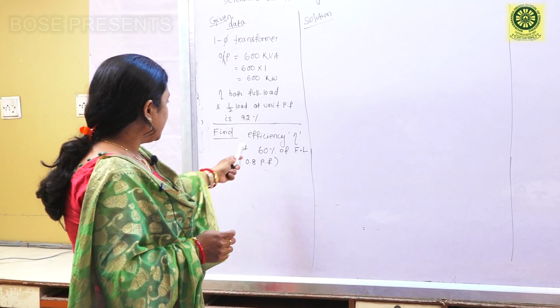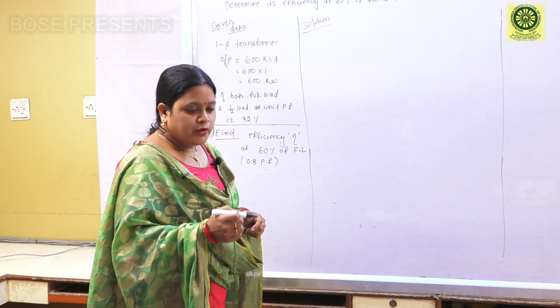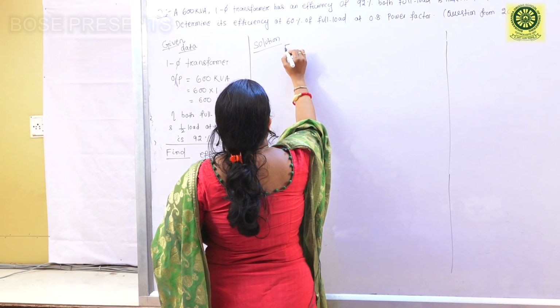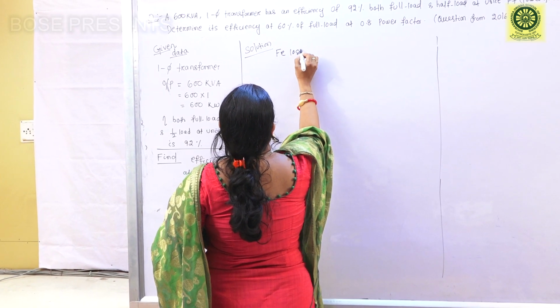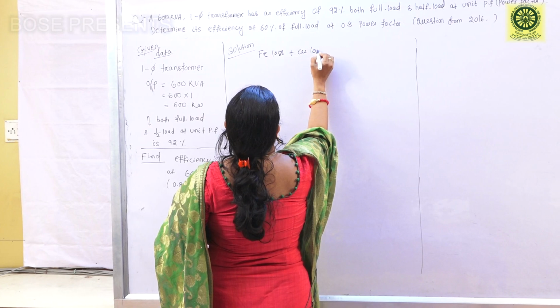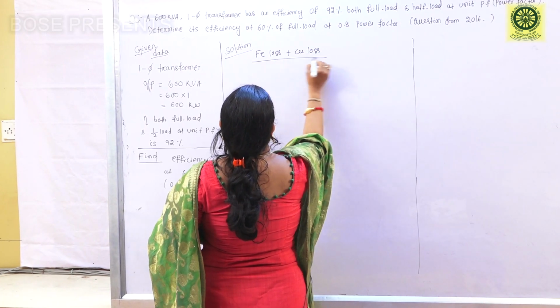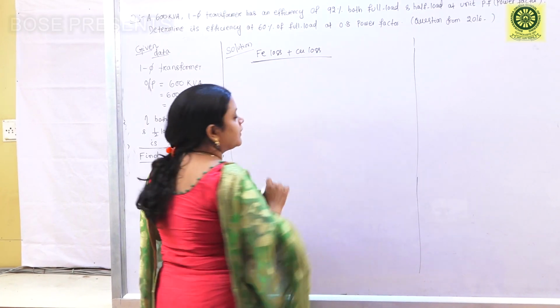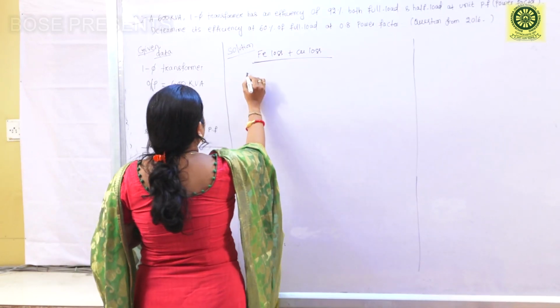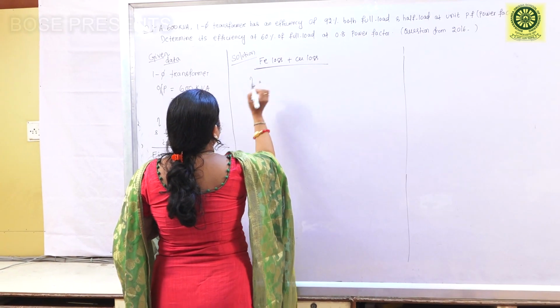So for calculation of efficiency, we have to find out the losses, that is the iron loss plus the copper loss. To find the iron and copper loss, we should find the total loss of the transformer, which can be calculated from the efficiency of the transformer.